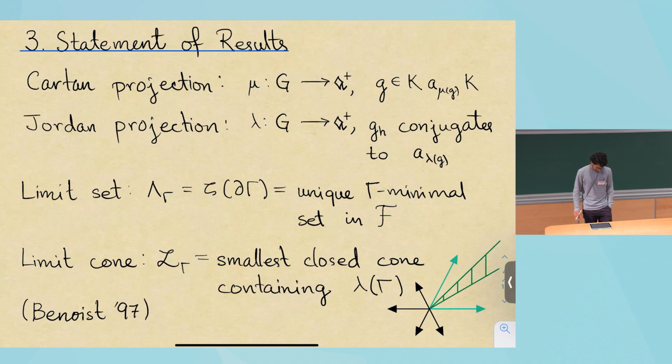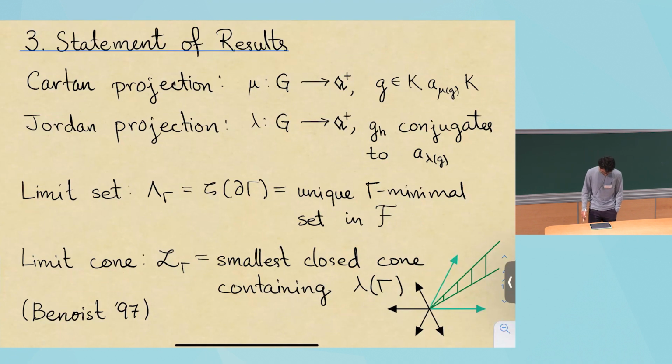And so by the work of Benoist, we have these two important objects. We have the limit set and the limit cone. The limit set, we can describe it as the unique gamma minimal set inside the Furstenberg boundary.